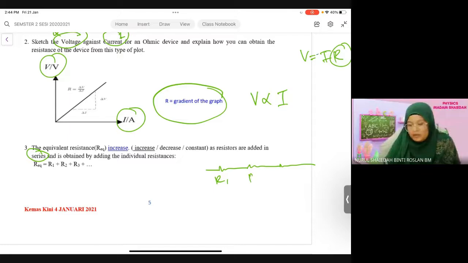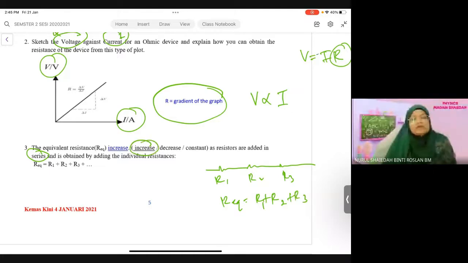So we have R1, R2, R3. So if we put in series, your R equivalent atau R effective will become plus lah. R1 plus R2 plus R3. So dia akan jadi increasing. So jawapan dia adalah increasing. Because bila kita add, dia adalah tambah semua itu. So jawapan dia adalah increasing.